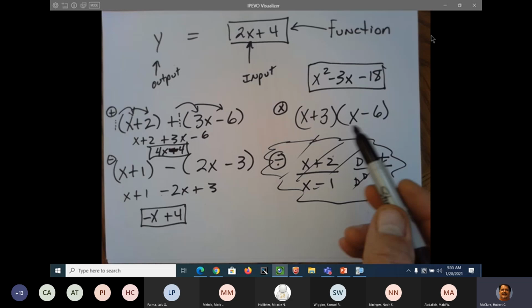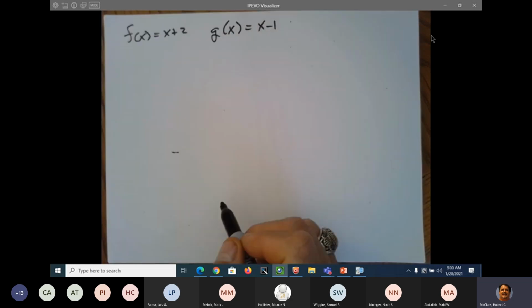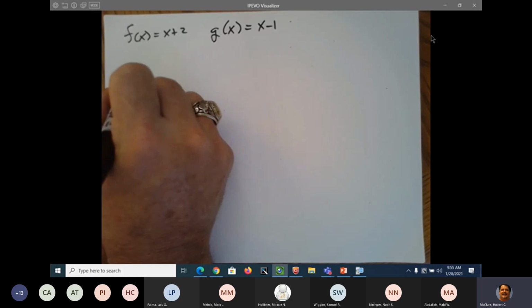And you have to hold your pinky up, and f of x is equal to x plus 2, g of x is equal to x minus 1. And now I'm going to do f plus g of x. That's going to be what you learned in K through whatever: x plus 2 plus x minus 1. And this is the way that you write a function.